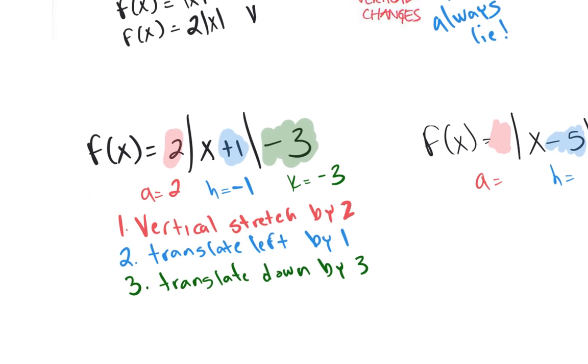So here is what's going on. On my graph, my parent function looked like that, kind of. Now I vertically stretch by 2. Vertically stretch means that I made my graph a little bit more narrow. Then I translate it to the left by 1. So I moved my graph to the left 1. And then I translate it down by 3. So I moved my graph from that blue one down 3.